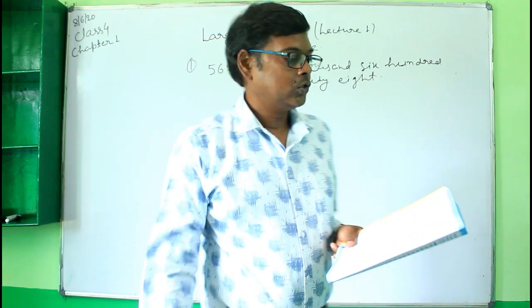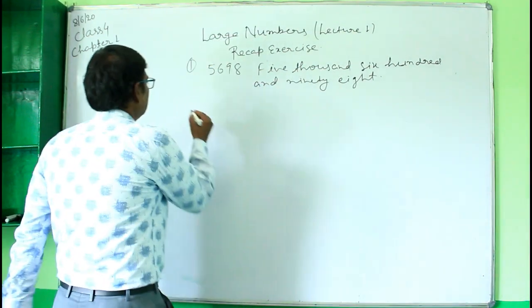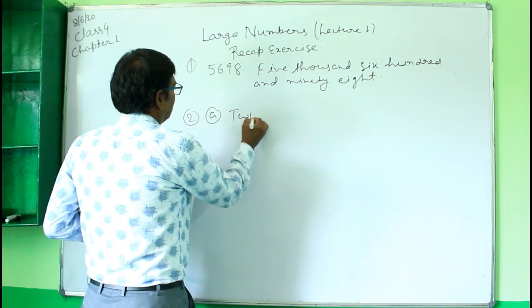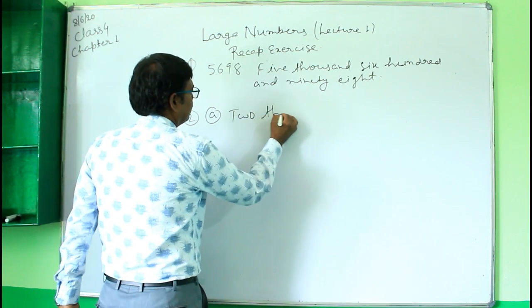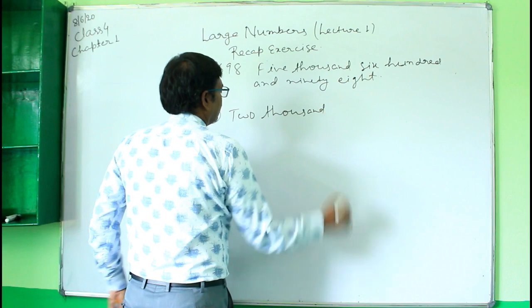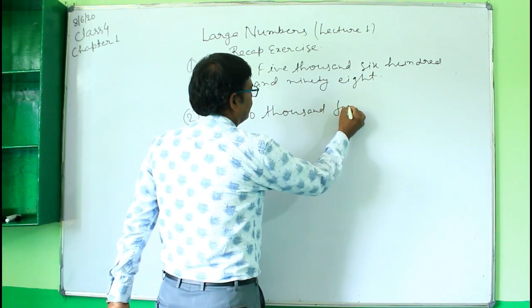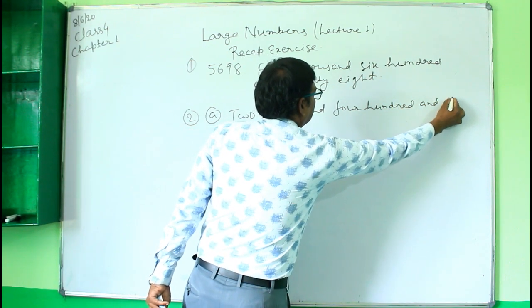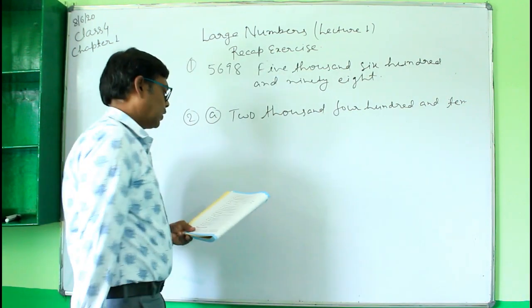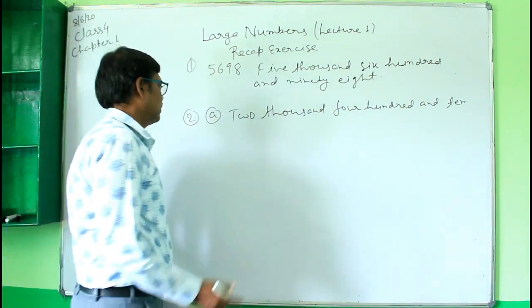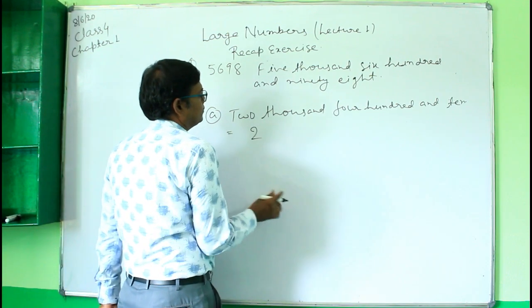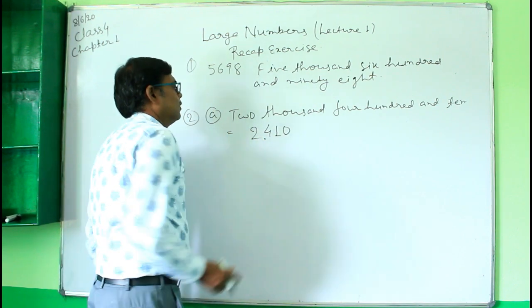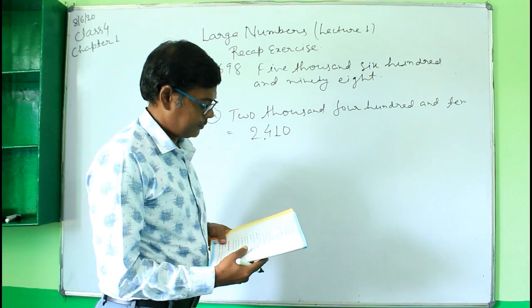The first one is question number 2A: 2400 and 10, 2410. So its answer will be 2410. Okay, this is the numeral for this name.